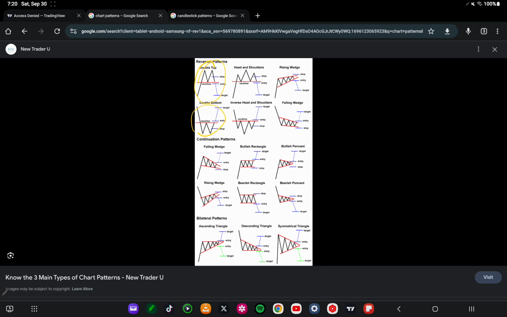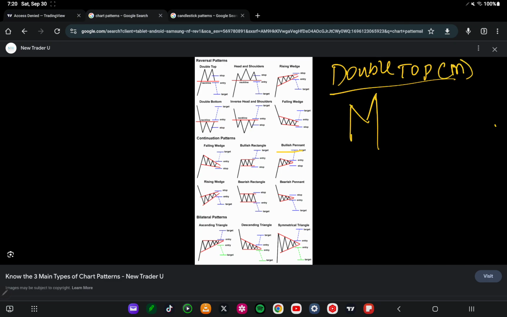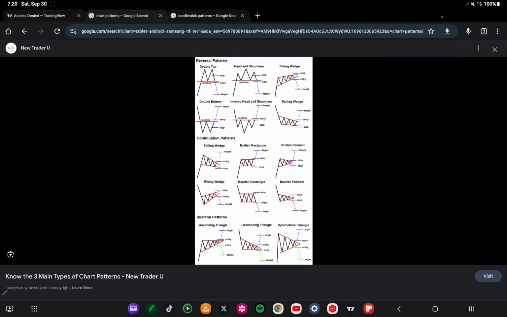This is the W pattern right here. The double top is basically something like this, and it can also become the M. So these are patterns. They are reversal patterns and continuation patterns.